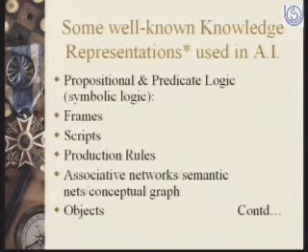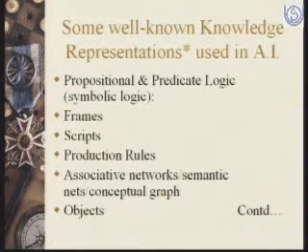Next we enumerate some of the well-known knowledge representation mechanisms used in computer science, and particularly in artificial intelligence, which is a branch of computer science that emphasizes solving problems by exploiting the knowledge of the domain under consideration.